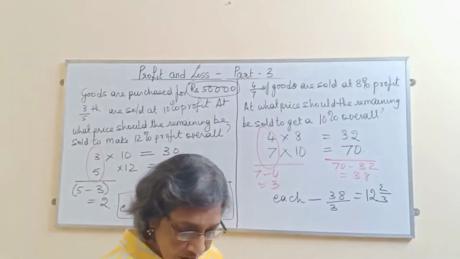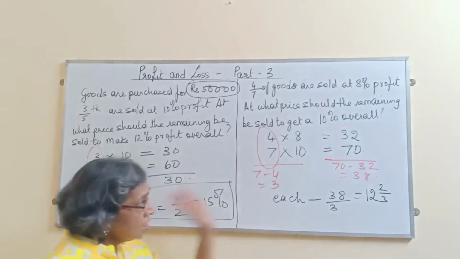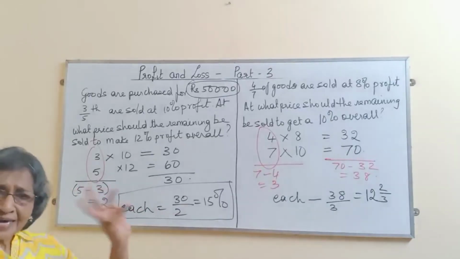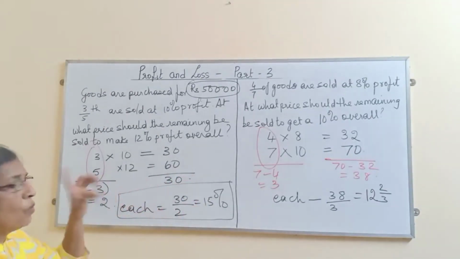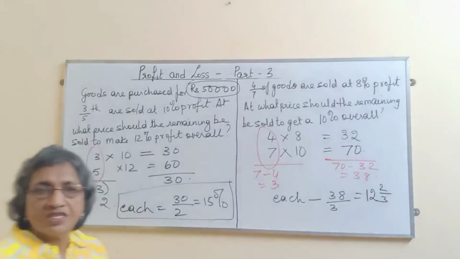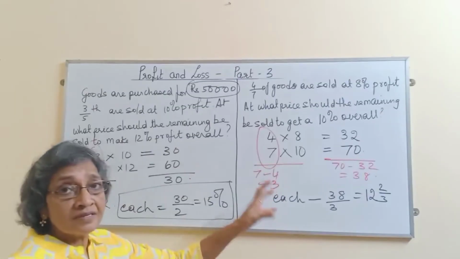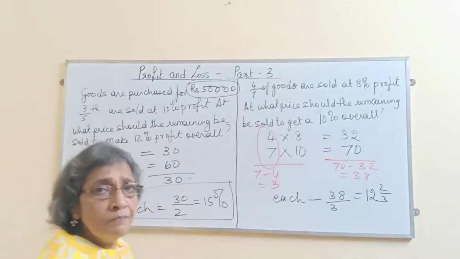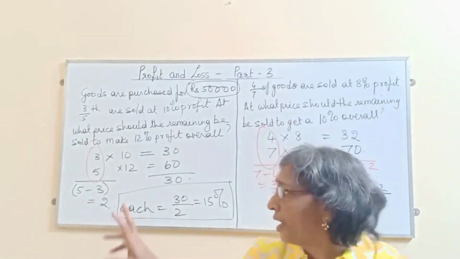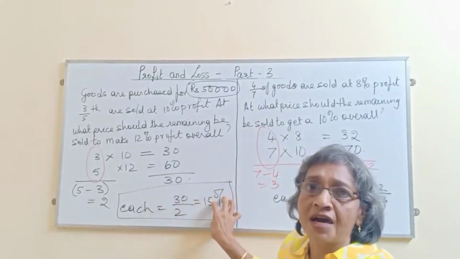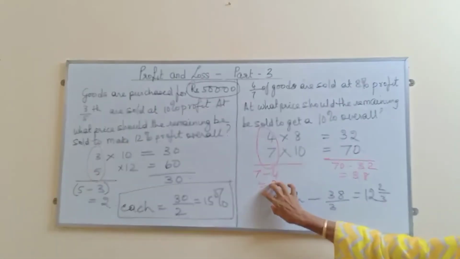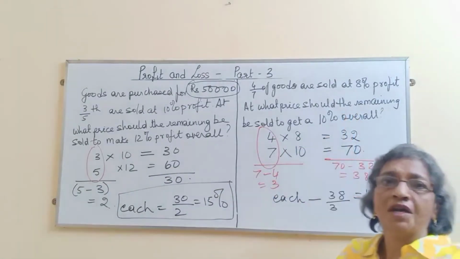Have a look at both these. 2 sums, slightly different than the previous 2. In the previous 2 sums we had 1 article remaining, or the remainder was just 1. In this case, the first sum, the number of articles remaining is 2. So whatever is the difference, you just divide that by 2. Here the difference was 3. So just divide this by 3.